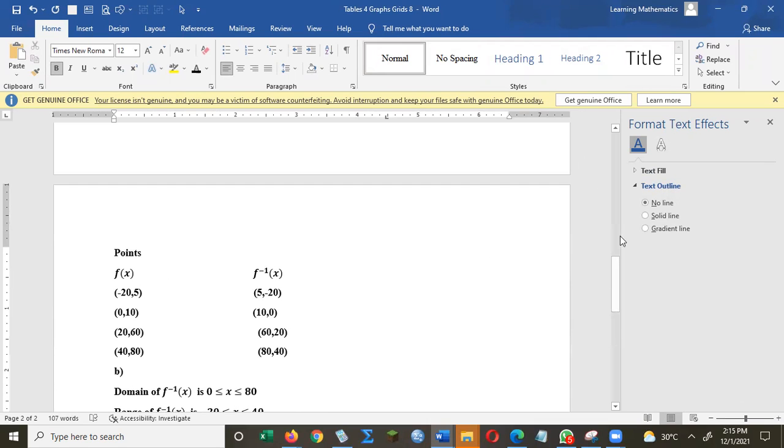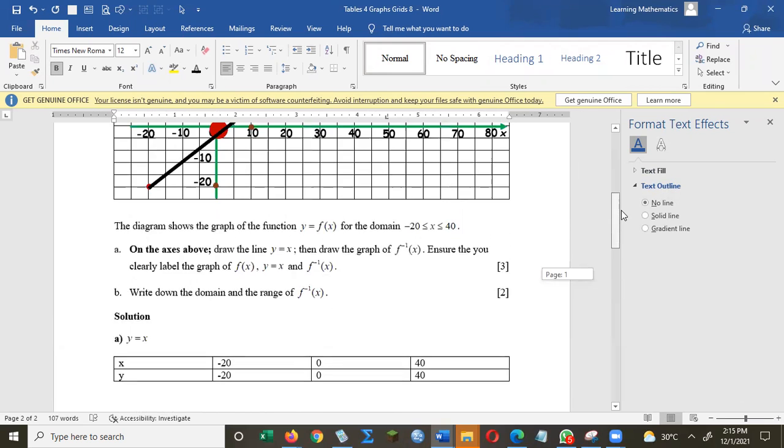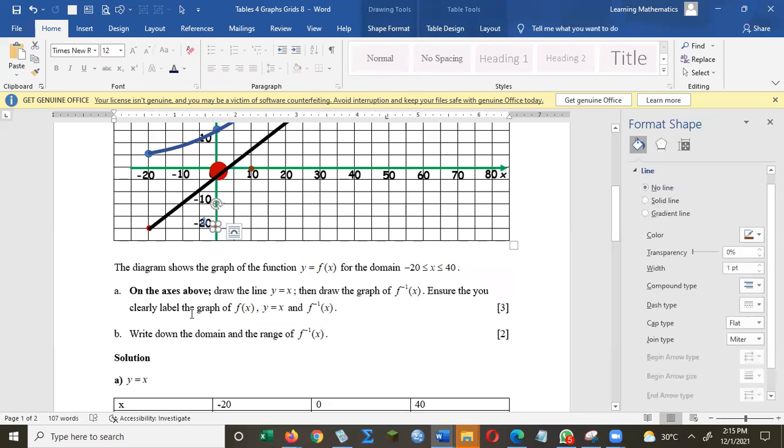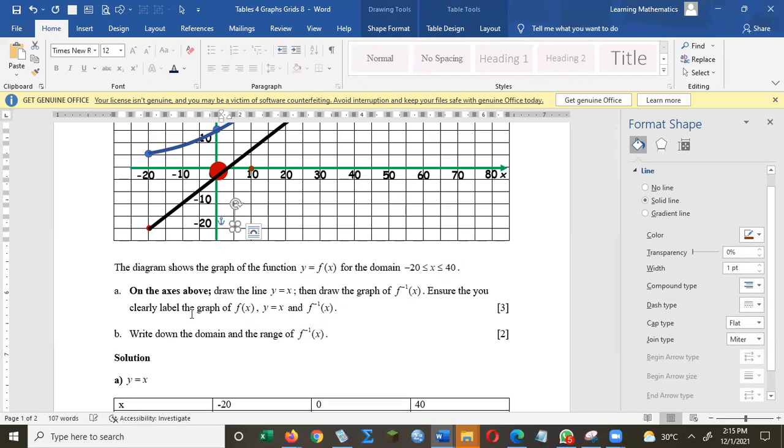Minus 20, 5 turns to 5, minus 20. So look, 5 right there, minus 20. So look at the first reflection point for the inverse function. As you can see, it's right across the mirror line like a reflection.